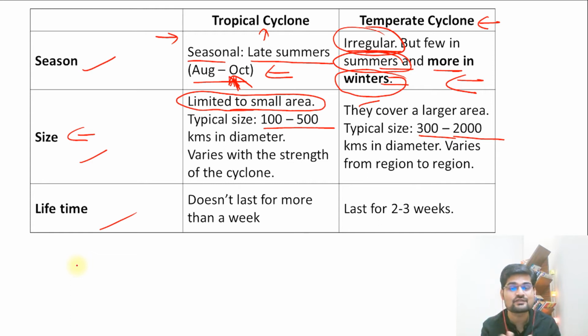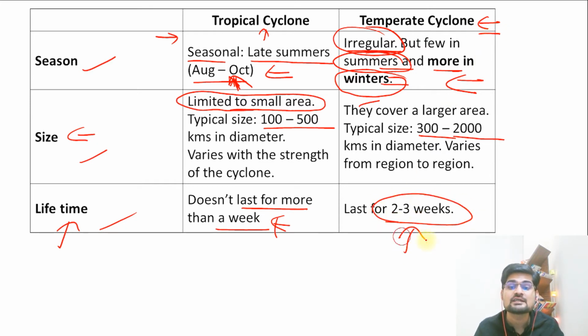Tropical is localized, and temperate covers a larger area. Now if you look at the lifetime, that is, how long it lasts, what is its life cycle? A tropical cyclone does not last for more than a week. It is a maximum of up to a week, right? But what happens to the temperate cyclone? It lasts for weeks, about 2 to 3 weeks. So it is long term in terms of lifetime.